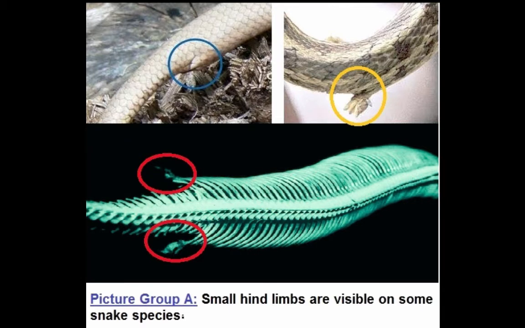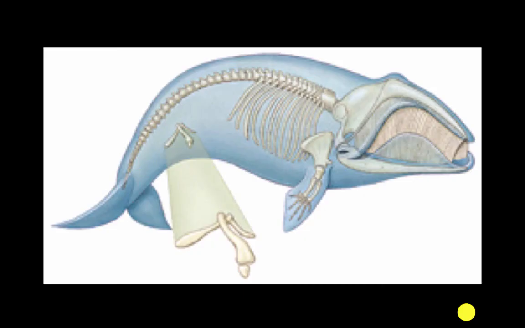Here's another example. There are many snakes that actually have small hind limbs. You know, we always think of snakes as having no legs, but their ancient ancestors did, and some of the remnants of those legs are still seen today. Another example is the pelvic bone in whales.